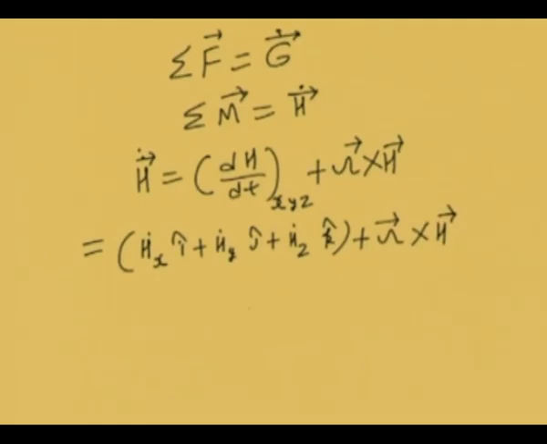Now you know the cross product, and suppose omega has three components: omega x, omega y, and omega z.